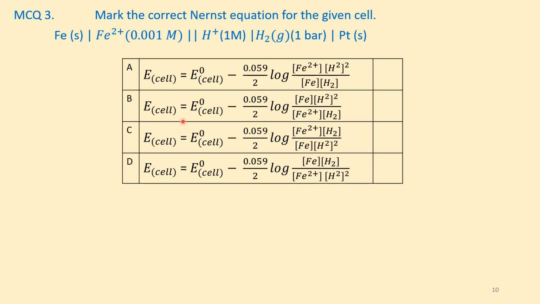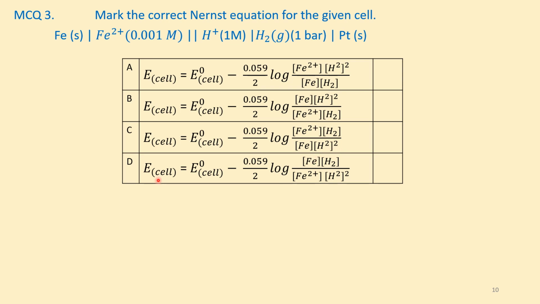Option B: E cell equals E naught cell minus 0.0592 divided by log of Fe into H2 to the power of 2 over Fe2+ into H2. Option C: E cell is equal to E naught cell minus 0.059 divided by 2 into log of concentration of Fe2+ into H2 divided by Fe into H+ squared.